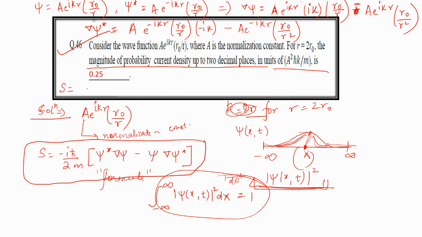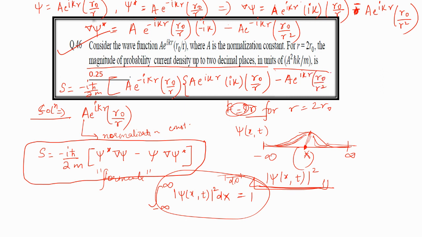So put this value here. I have the psi star value: psi star is A e raised to the power minus iota k r naught by r. And what is the value of del psi? Just calculate it. Del psi is A e raised to the power iota k r. I'm using curly brackets to separate these two terms, otherwise there will be a mistake. R naught by r minus A e raised to the power iota k r naught by r square.